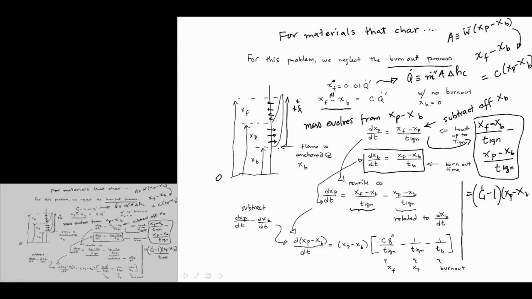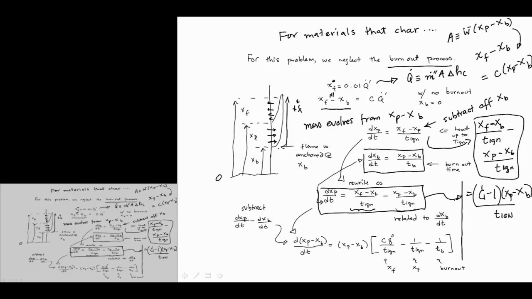So we can write dxp/dt as constant minus 1 times xp minus xb over T ignition. But the problem is that we need to solve a coupled equation for xb, and that comes from here. What I wrote here is exactly the same as what I have written here, except I hopefully showed it a little bit clearer.